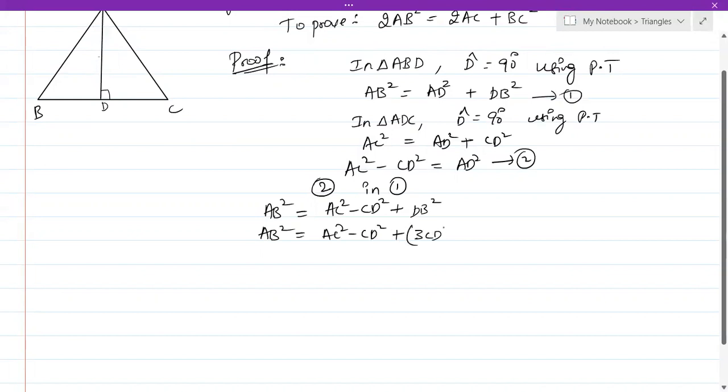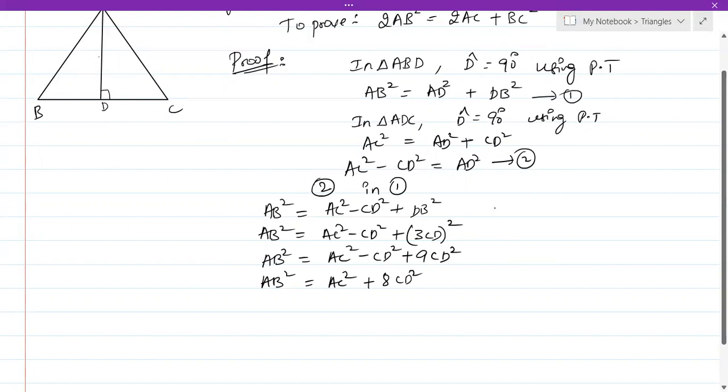So let's write it as 3CD square. So AB square equals AC square minus CD square plus 3CD the whole square will become 9CD square. So AB square is equal to AC square minus CD square plus 9CD square will give us plus 8CD square.